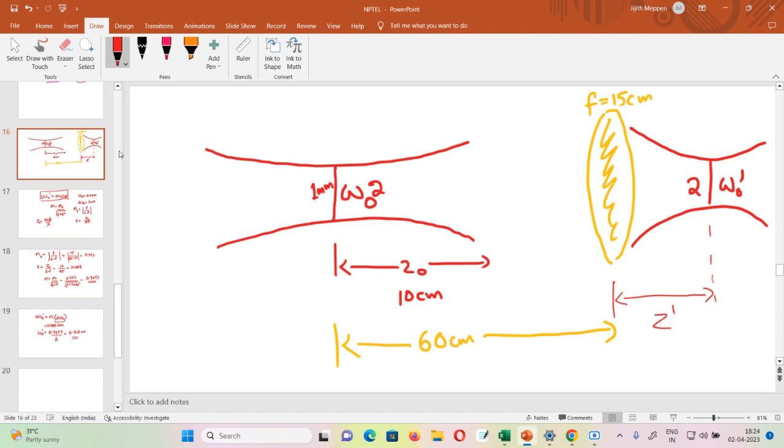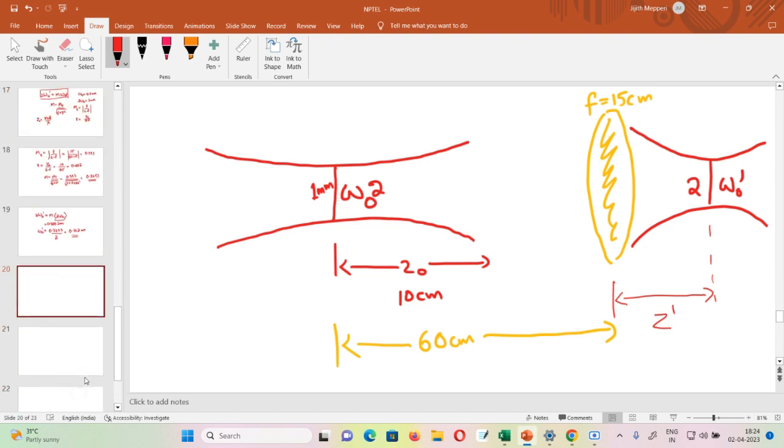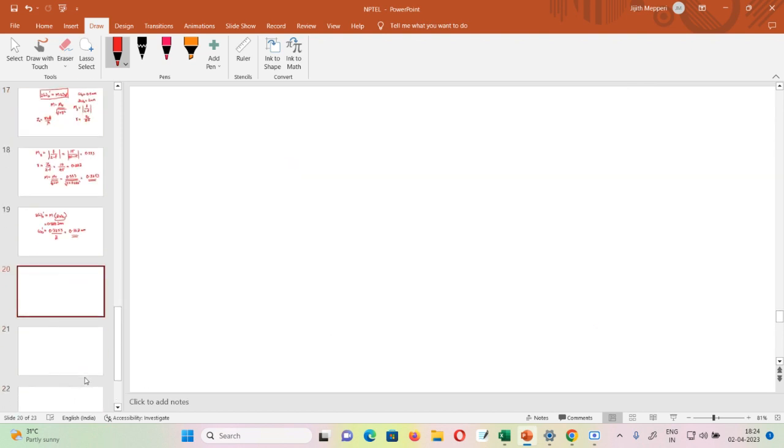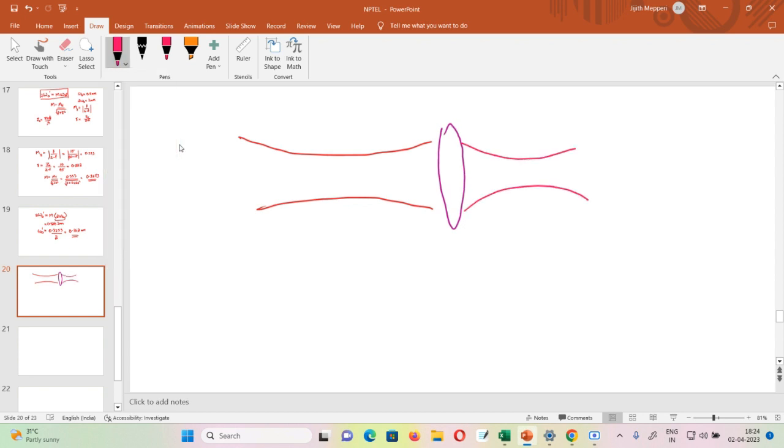So you have the equation for the location of your beam waist. If you have a lens, and the lens will have a particular magnification, and there will be a beam waist. This will be another beam waist. This is omega 0, omega 0 prime, and this distance is actually z.